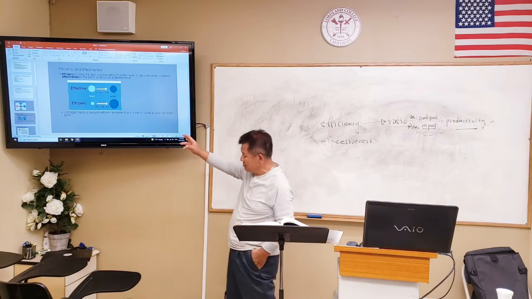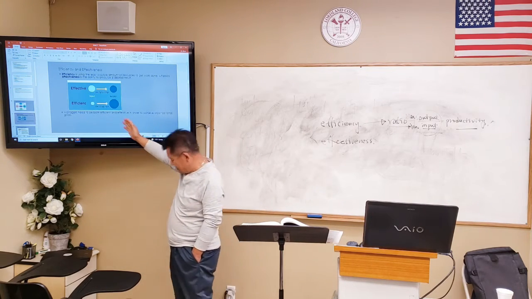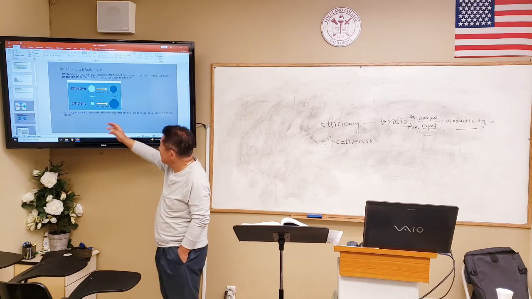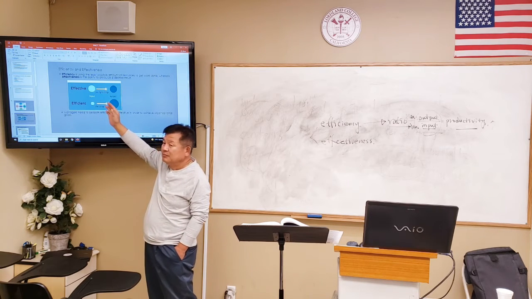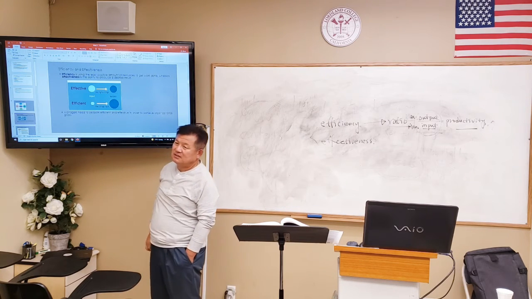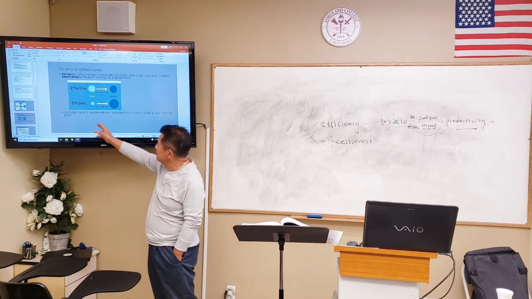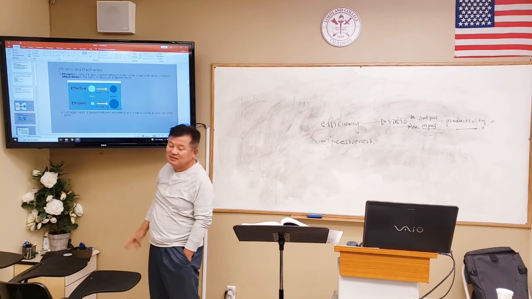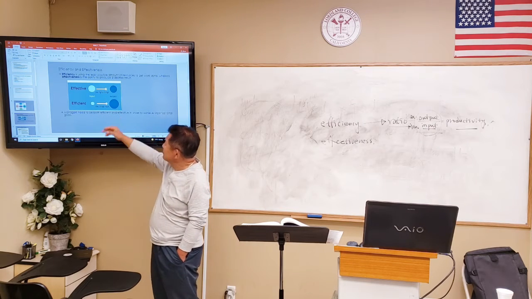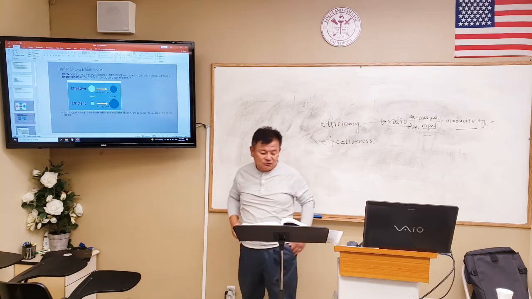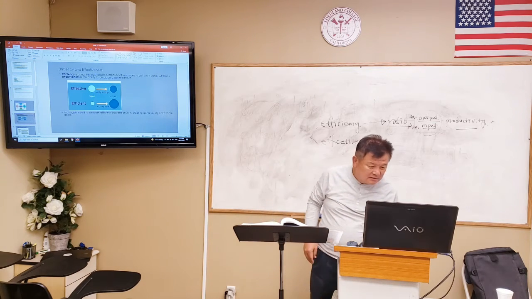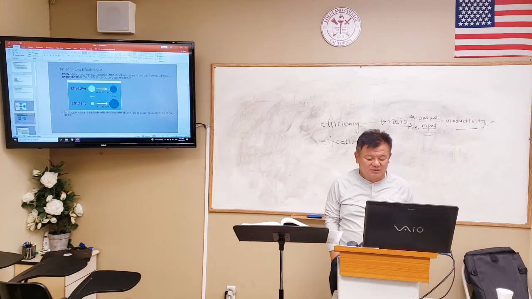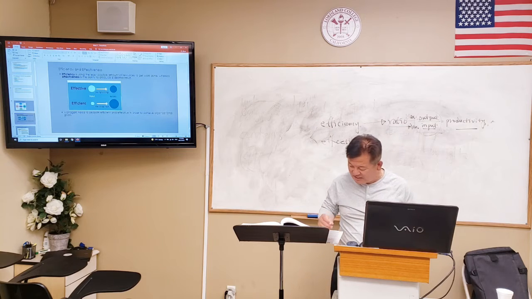It's actually very good, an excellent explanation in these pictures. Effectiveness, input to output, focuses on the right things. But efficiency is the things right: input to output, how do you make the ratio? This is efficiency. So managers need to be both efficient and effective in order to achieve organizational goals. Common sense.